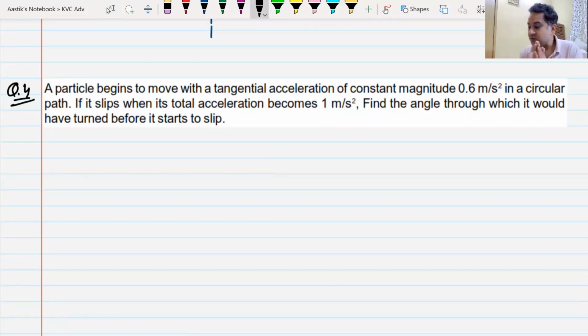A particle begins to move with a tangential acceleration, so initial angular velocity is 0. Tangential acceleration is constant, 0.6 meter per second square, in a circular path. If it slips when its total acceleration becomes 1 meter per second square, find the angle through which it would have turned before it starts to slip. It's a simple question asked in a different way. You have 2 minutes to give me the answer.